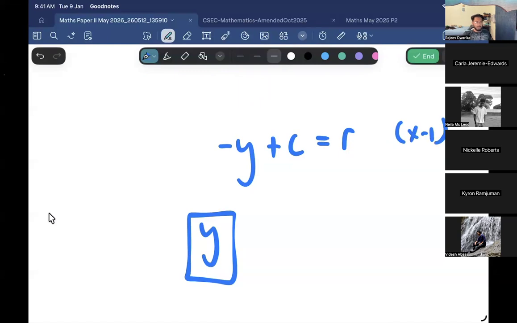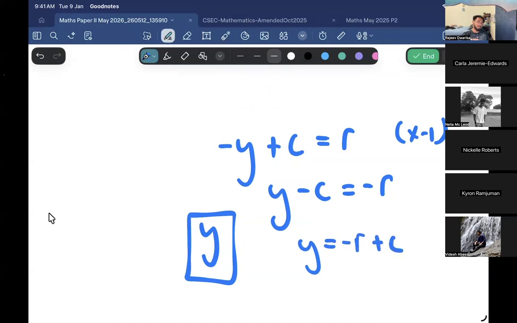What would the equation turn to now? Positive y minus c equals -r. What would I do next? Bring across the c. So you tell me what the next line should look like. y equals -r plus c. Good. Pick yourself up, build yourself up. That's it.